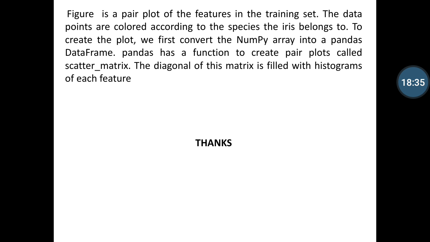In this visualization of data, or pair plot, it also describes the features in the training set. The data points are colored according to the species the iris belongs to.